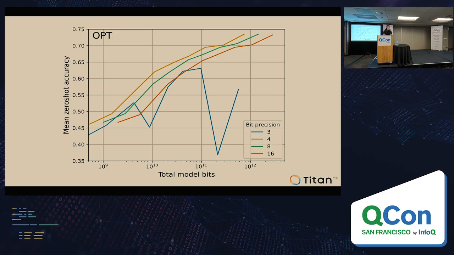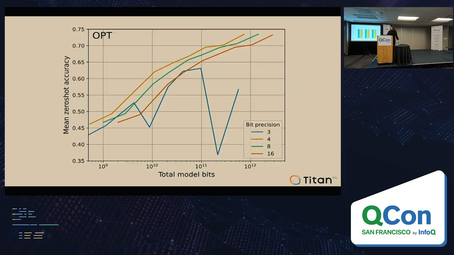Given that we know when we have a model with more and more parameters, as I scale up the parameters, the accuracy of the model goes up and up. But what's interesting is if I take one of those large models and quantize it down to a natively smaller size, it retains a lot of that accuracy that we had in the beginning, which is very, very good. So I'm pretty much always going to have better performance using a quantized 70 billion parameter model than I will of a model of a native size.